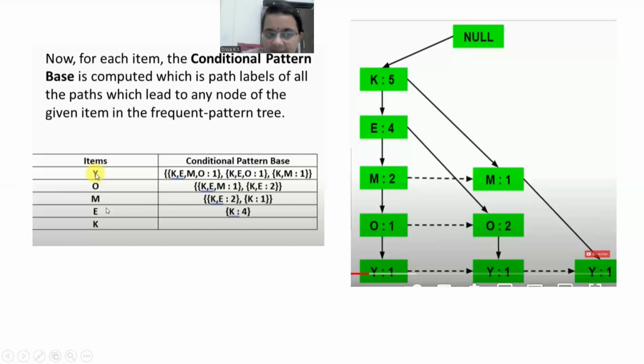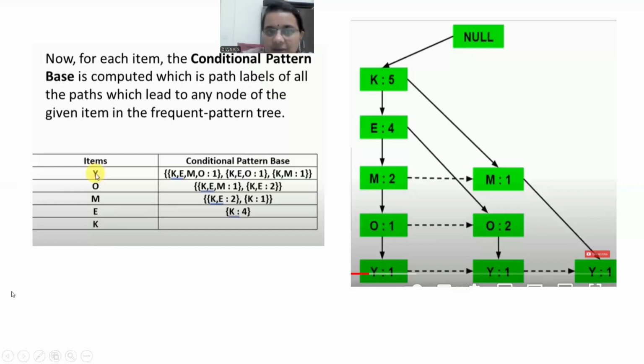So when you are writing these items, always write in this order: Y, O, M, E, K. Till now, we always wrote the highest first. K will be our highest, so we wrote K first. So in this conditional pattern base, when you are drawing, please write like this. It's okay if you are not writing in this way also, you will get it, but it is very easy to get it this way.